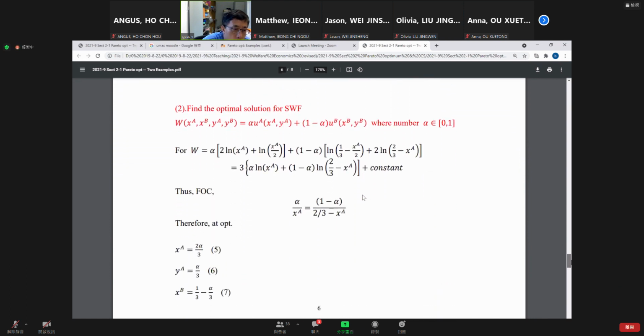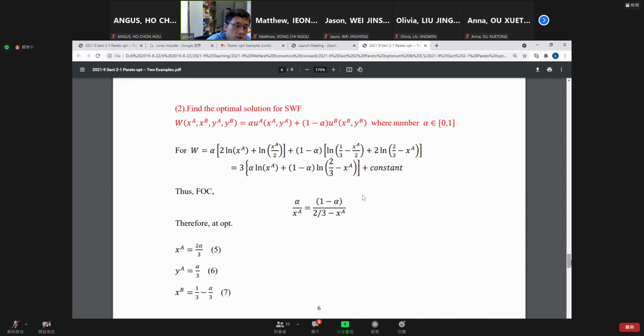Again, in principle, we have two methods to find the optimal solution for such a social welfare function.